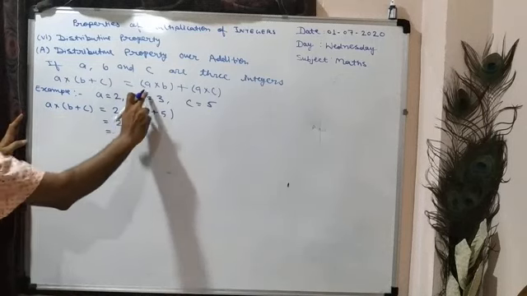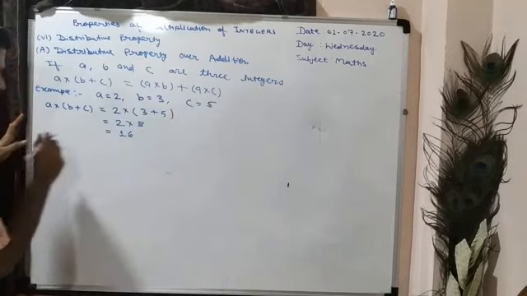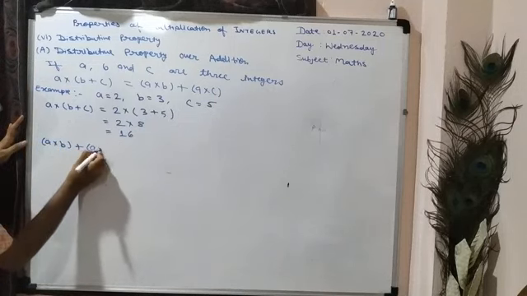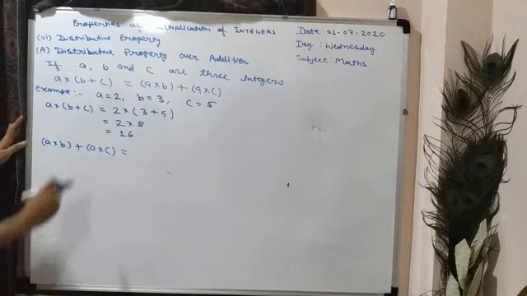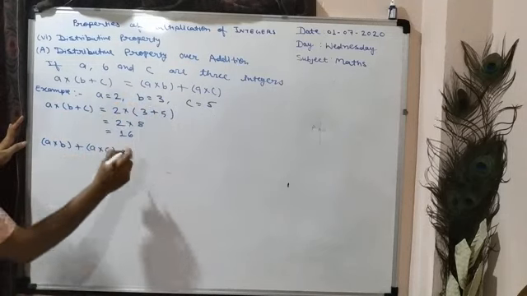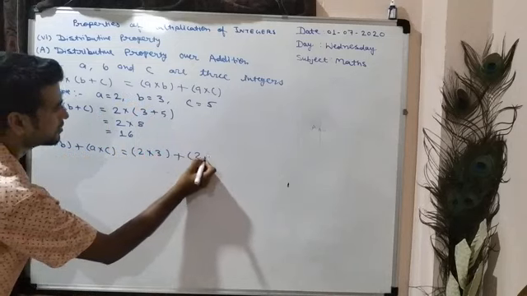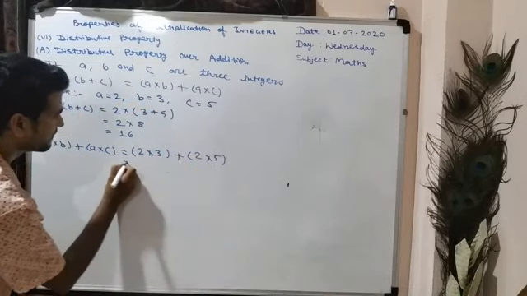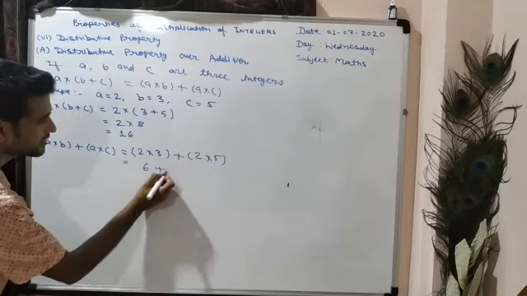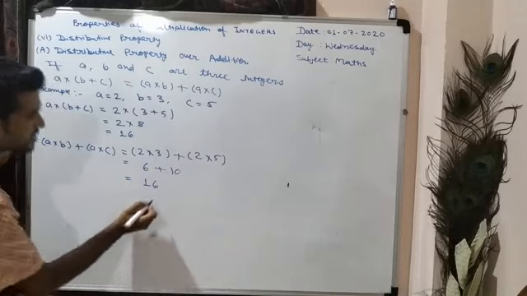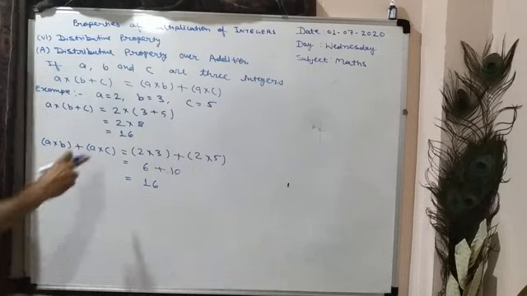Now we will find our RHS part, that is A into B plus A into C. What is A? 2. What is B? 3. So 2 into 3 plus 2 into 5. 2 3s are 6, 2 5s are 10. 6 plus 10, 16. So what is our LHS part? 16.